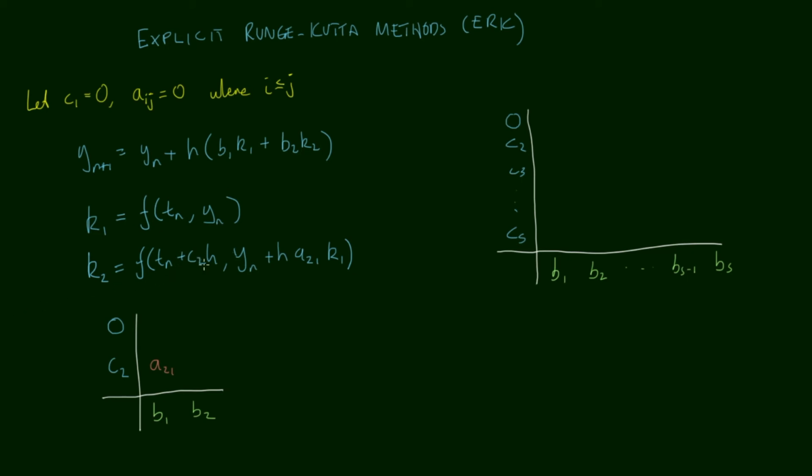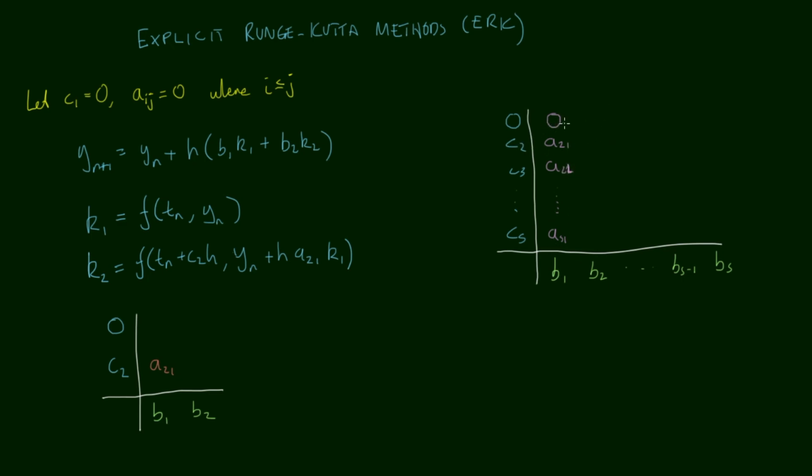Now our A values. a11 is 0, and if we go down the first column of A, when we get below the main diagonal, we have non-zero values for A, so there's a21, all the way down to a_s1.